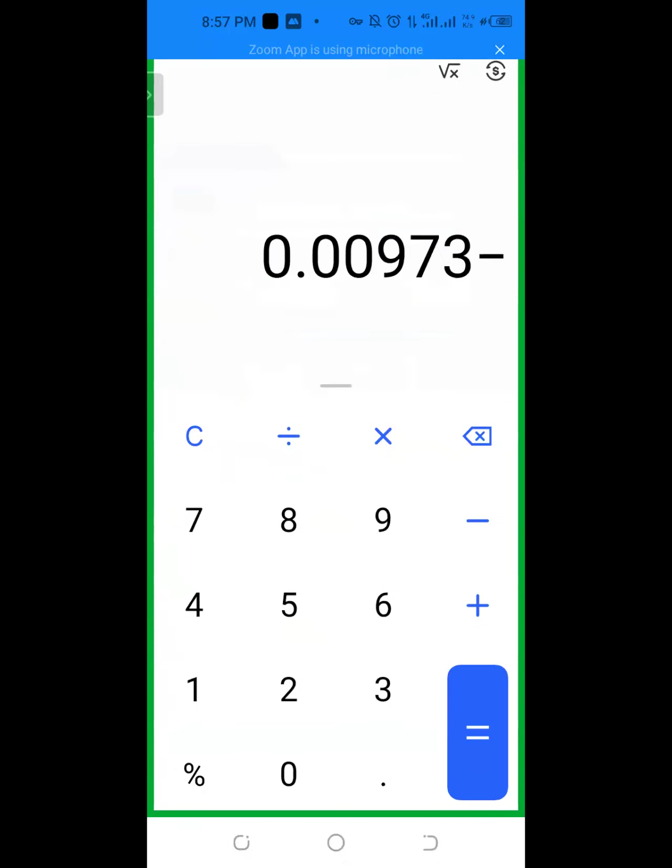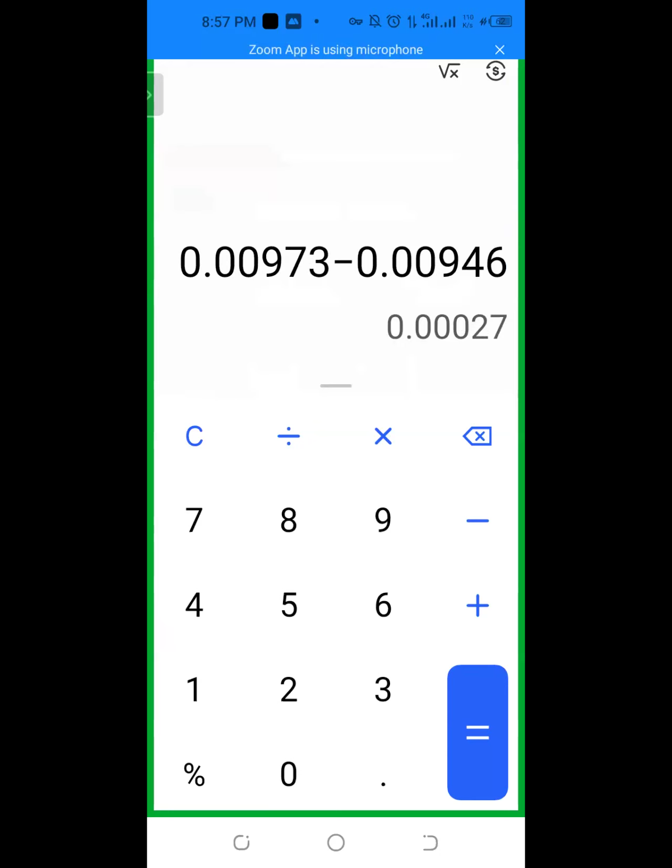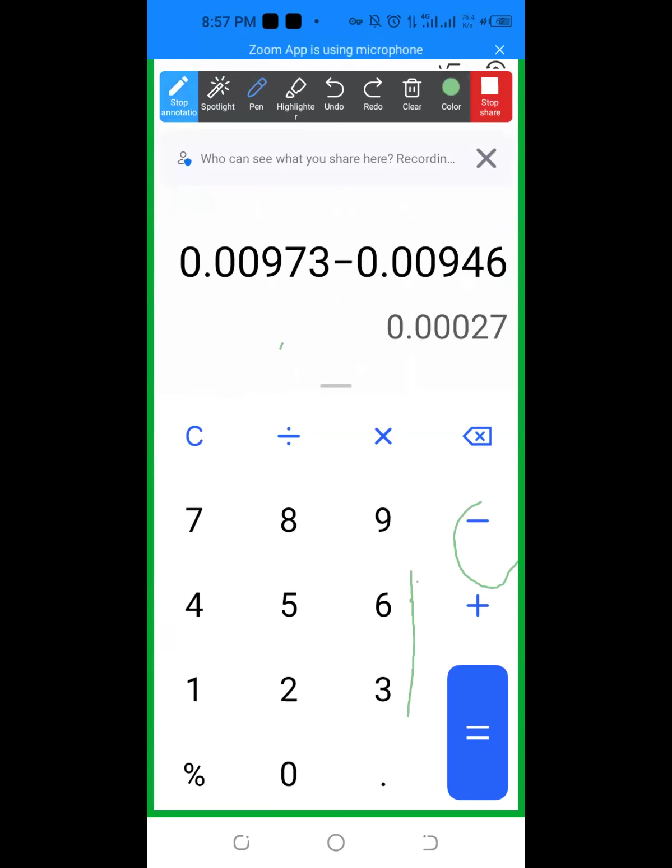So minus 0.0946, this is 0.00027. So if I want to know the percentage movement up, I will be dividing the difference by the previous price, which is 0.0946.